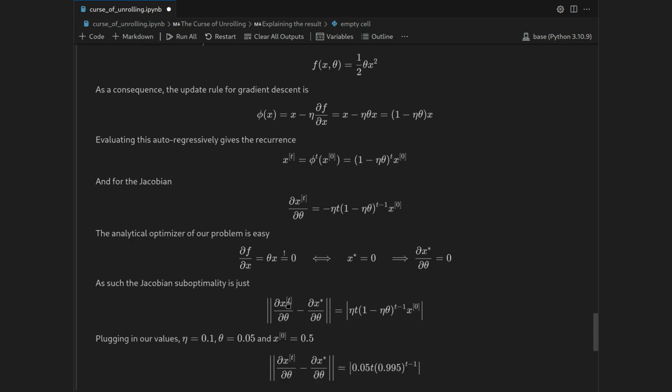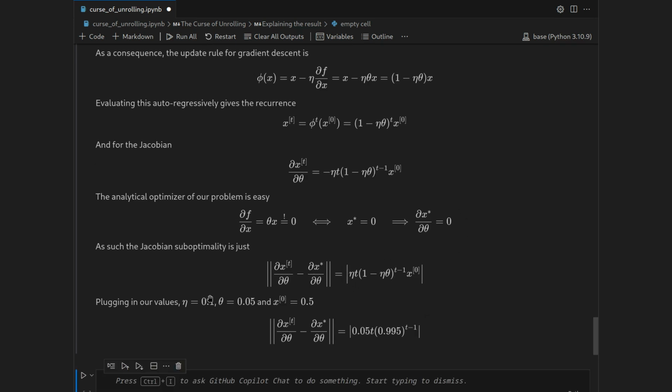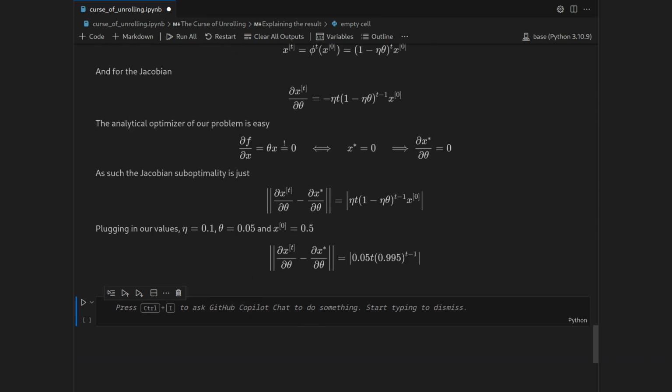If we now take a look at the Jacobian suboptimality, so subtracting from this the optimizer and then taking the norm, which in the scalar case is just the absolute value, we see essentially, if we plug in our concrete values, that we have a linear term and then we have an exponential term. And they kind of work against each other. And let's take a look at what their concrete effects are by a small plot.